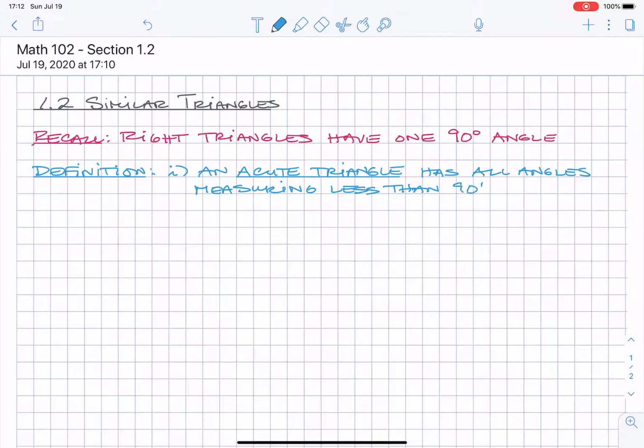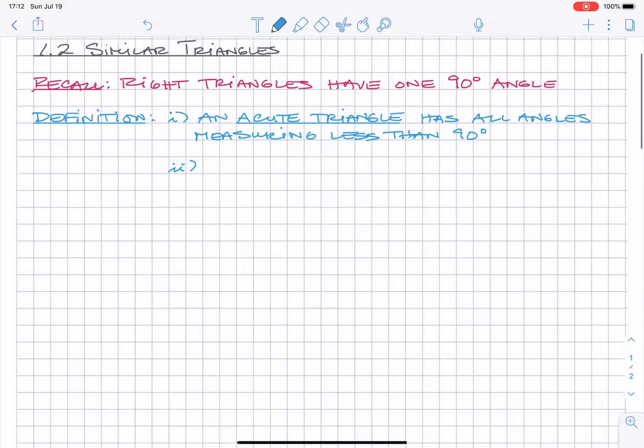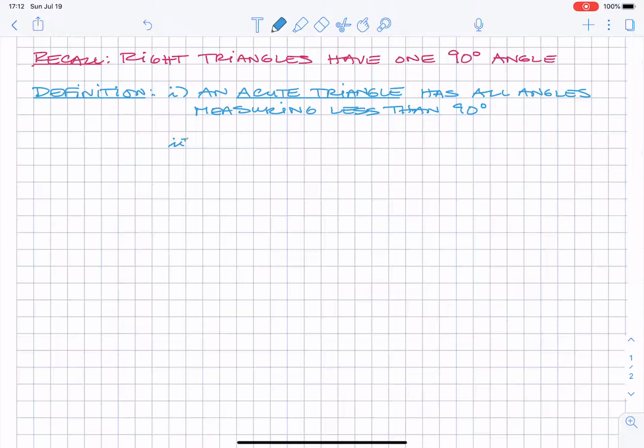Whereas, number two, an obtuse triangle. Obtuse is greater than 90. So, an obtuse triangle, since it's greater than 90, we can only have one obtuse angle.